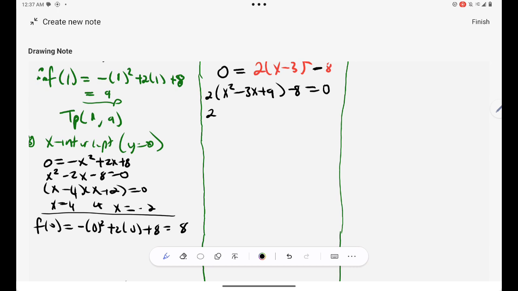This thing will give me 2x squared minus 6x plus 18 minus 8 is equal to 0. Together, so I'll have 2x squared minus 6x plus 10 is equal to 0.